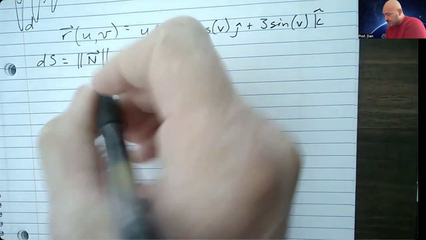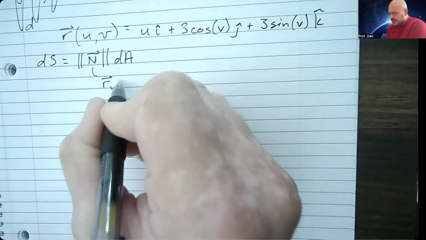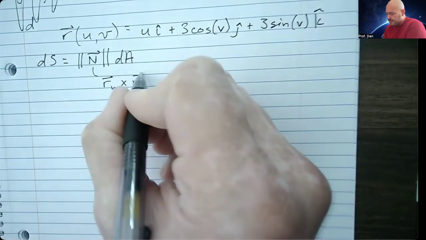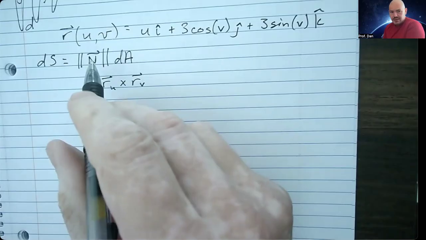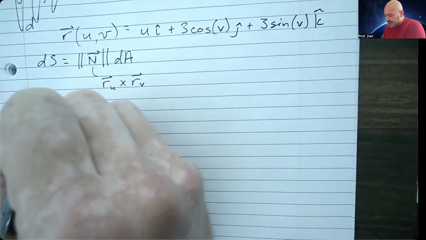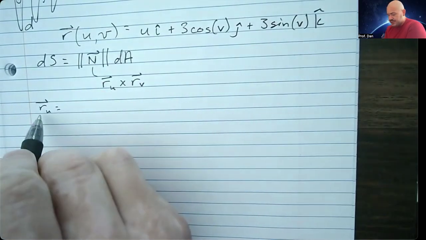To remind you, the normal vector is what we get from taking the cross product of the partial derivatives with respect to each of the parameters, right? So first I'm going to take my partial derivatives with respect to each of these parameters.